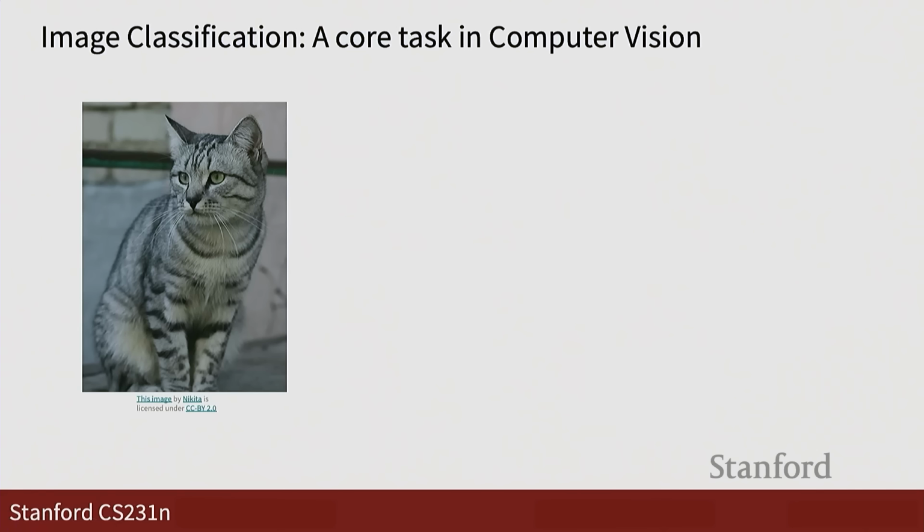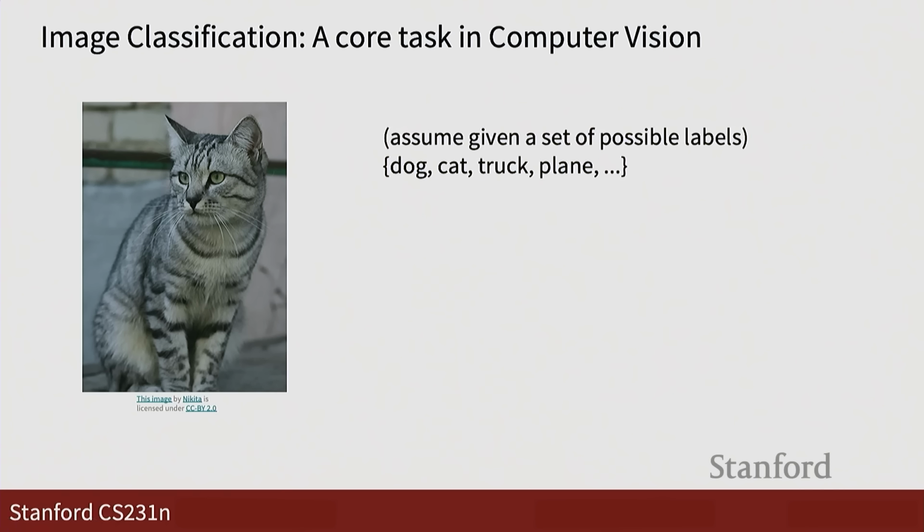So what is image classification? Given an image and a number of predetermined labels, a set of possible labels, such as in this example you see dog, cat, truck, plane, and so on, the job of the system is to assign one of those labels to this image.